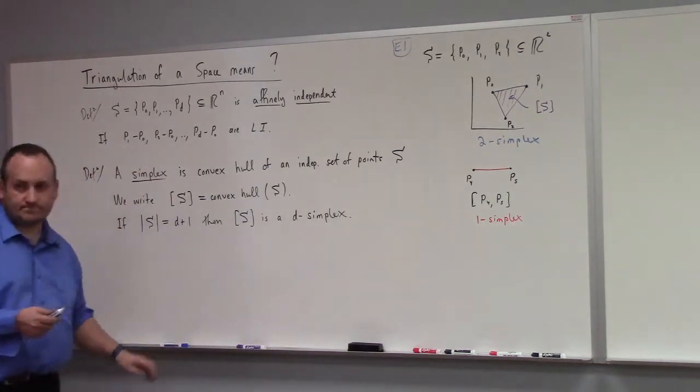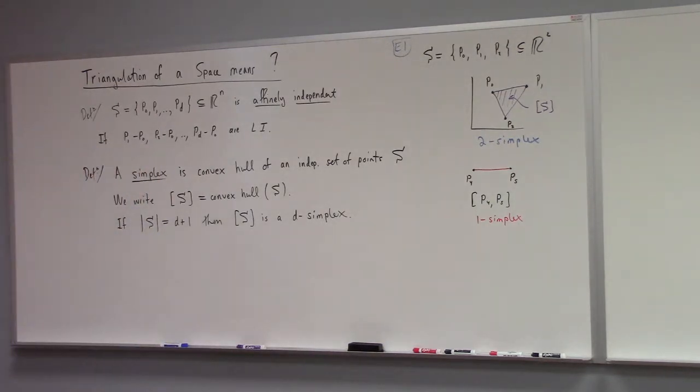So a triangle is a 2-simplex. A tetrahedron is a 3-simplex. The vertices of a simplex are what?